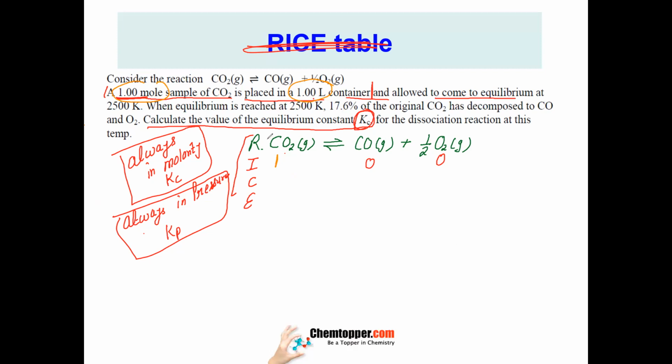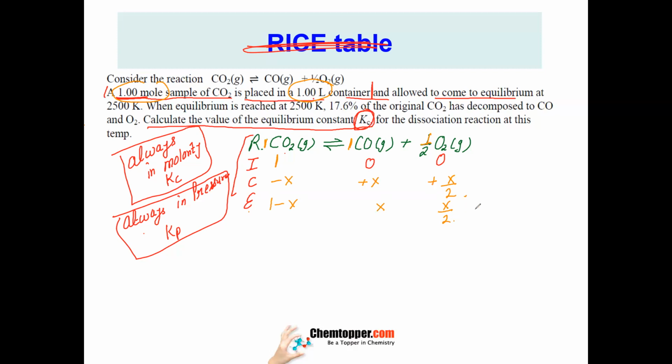You're going to take this coefficient in front of the x. Minus x, plus x, plus. See this coefficient, Sanvi? x over 2. Right? So what is there at the equilibrium? 1 minus x, x, x over 2. Sanvi, you have understood this?